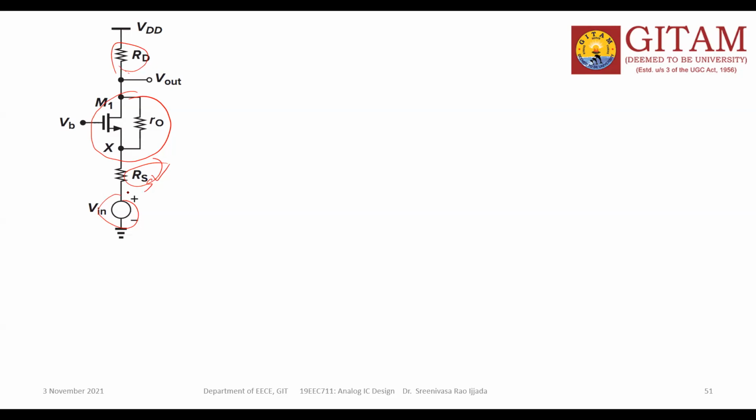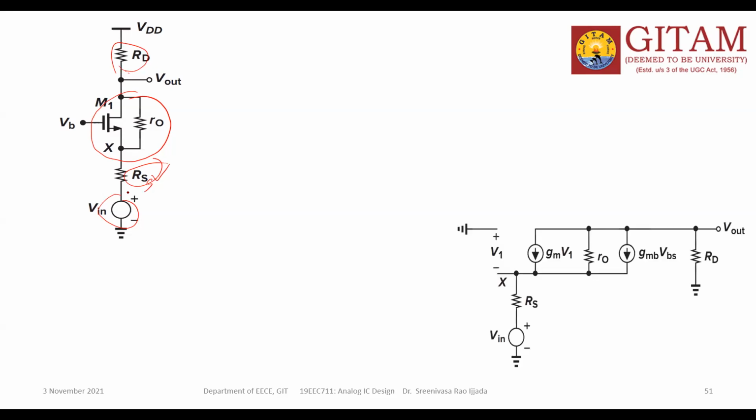Whenever you take this, the equivalent circuit is this one. This is the gate, source and drain, with V1. This is the node X. And this is the source and the source resistance, the voltage source resistance.